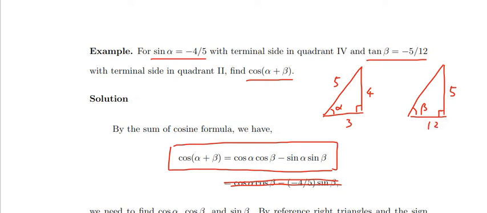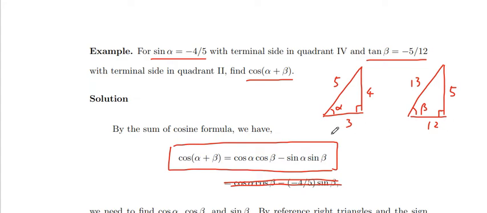So if this is 5, this is 12, I know this should be 13. We can regard those two right triangles as typical right triangles, integer right triangles: 3, 4, 5, and 5, 12, 13.